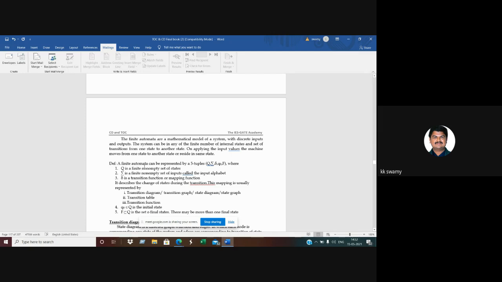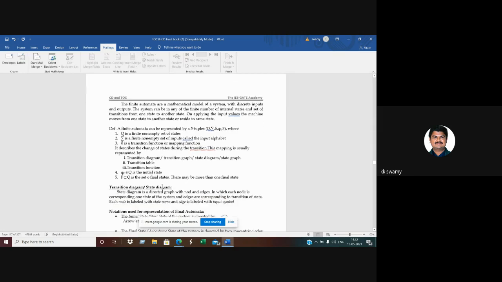Okay, and now we have Q naught, the initial state, and the final state. Q naught is called the initial state and F is called the final state.